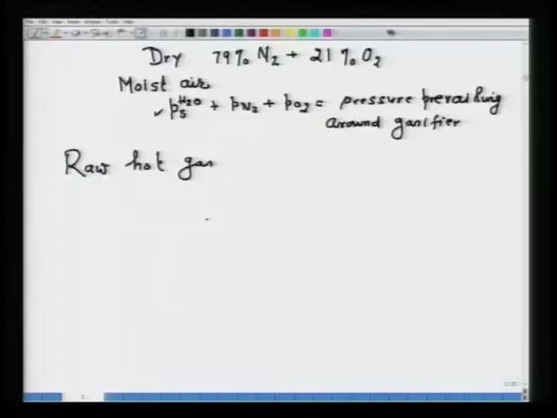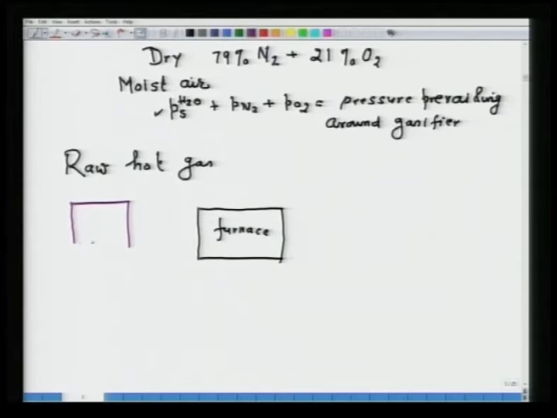That means, if this is a furnace, and I put one gasifier here, what I can do is connect the output of the gasifier with an insulated pipe to the furnace, and I am using the gas which is produced from the gasifier.